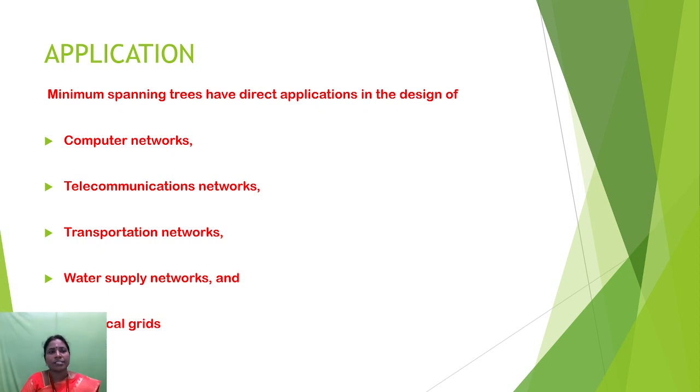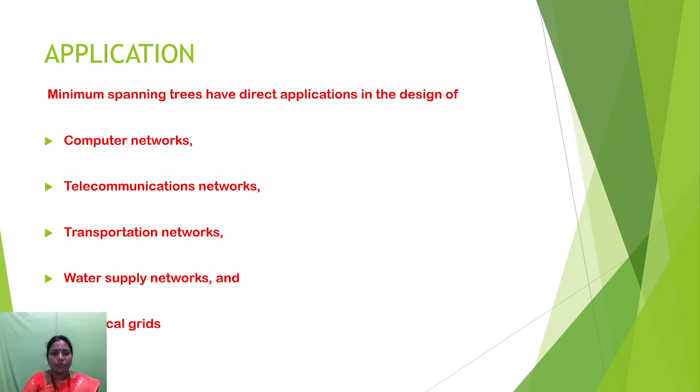The main applications of Kruskal algorithm: minimum spanning trees have different direct applications in design. In some other design applications also Kruskal algorithm is used. The first one is computer networks. Now in our life the network plays the main role, and also telecommunication networks, transportation networks, water supply networks and electrical grids. In all these, Kruskal algorithms are applicable.